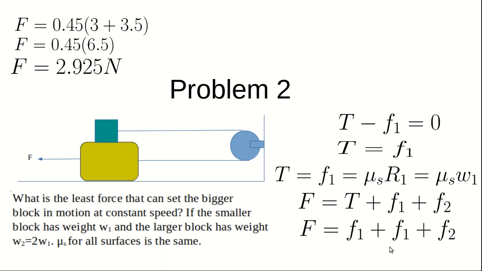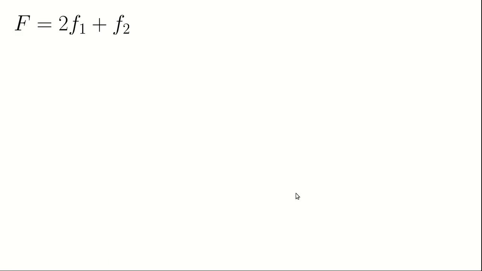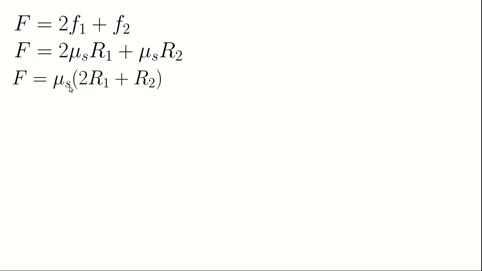And if we combine these two, we have F equal to 2F1 plus F2. Now, what is our F1? Mu R1. What is our F2? Mu R2. So we have 2 mu s R1 plus mu s R2. We can factorize mu s out, and we have mu s (2R1 plus R2).